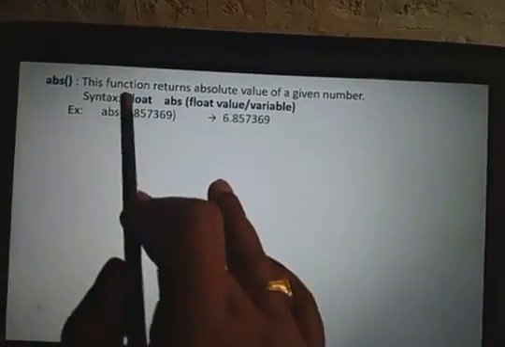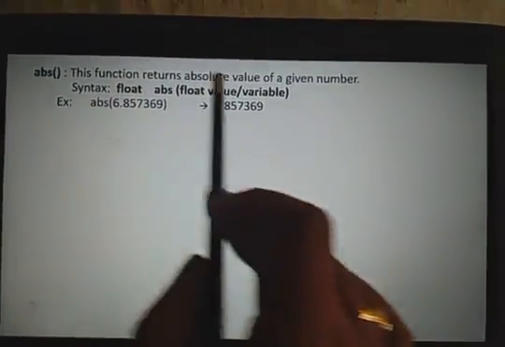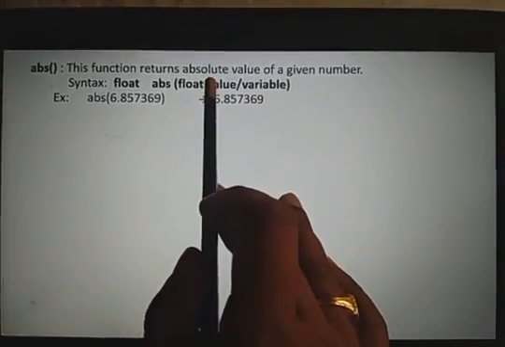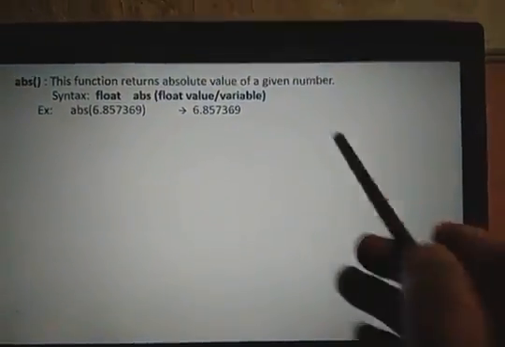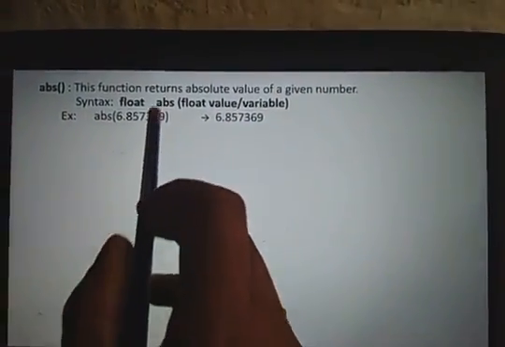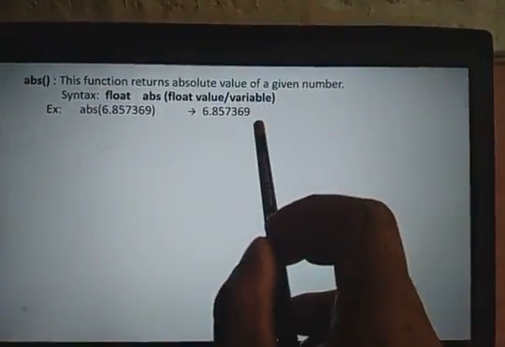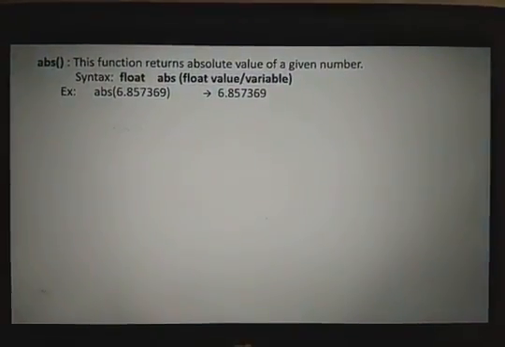It displays exactly what you are giving here. If x equals 6.85, then we can use x here, and this value will be displayed exactly on the output screen. This is the ABS function, absolute.